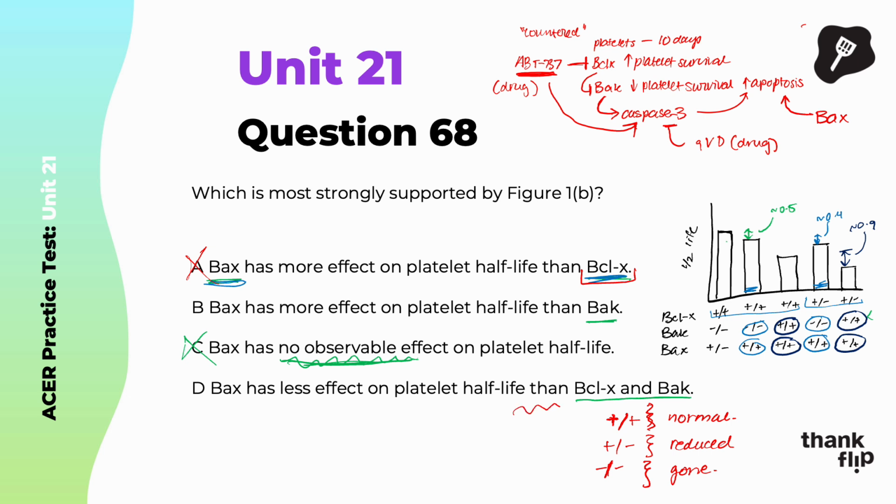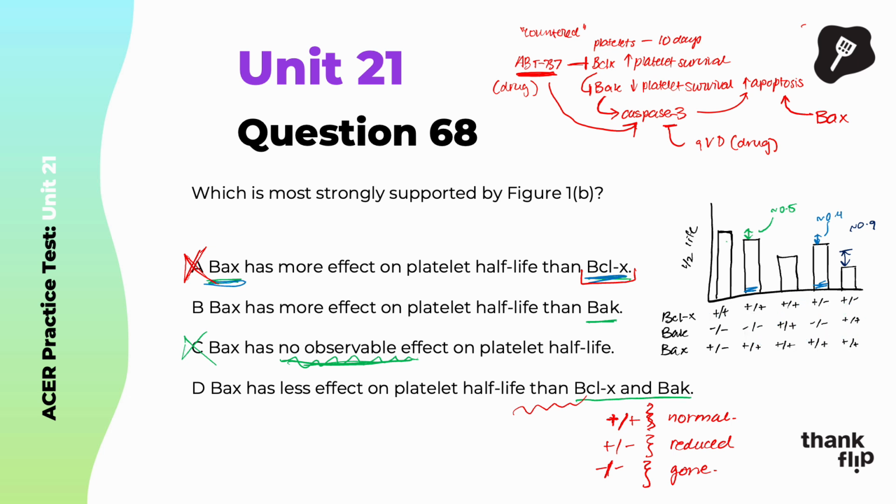Obviously, we have to get back to this here, and when we get back to it, I'll explain that. But for now, we can't say that BAX has more effect on platelet half-life than BCLX, right? Because here, you can see that it has a greater effect on half-life. And you can't just look at this one and say that this one has a greater effect, right? So now I'm going to erase this, okay?